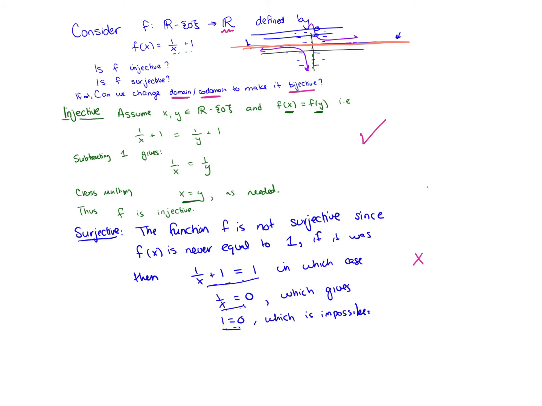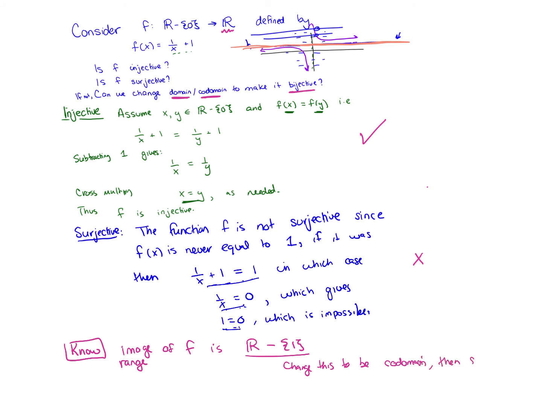So I know, based on the picture we have so far, that the image of f, so the stuff that we're actually hitting, which is the same as the range of f, looks like I'm hitting everything except for 1. So if I change this to be the codomain, then we're going to be surjective, because then the image equals the codomain.